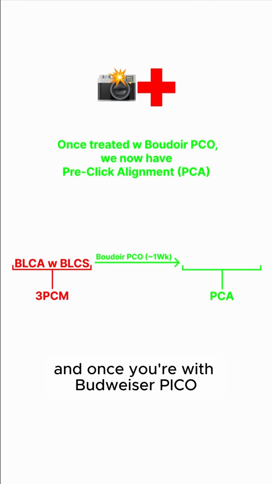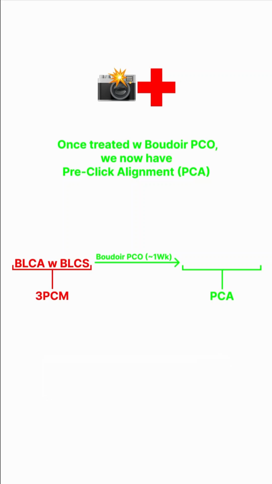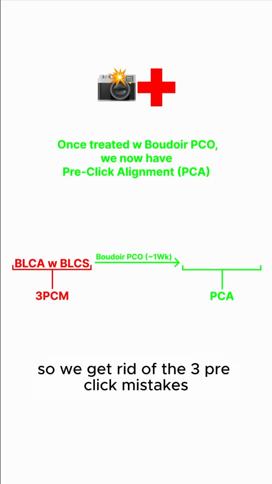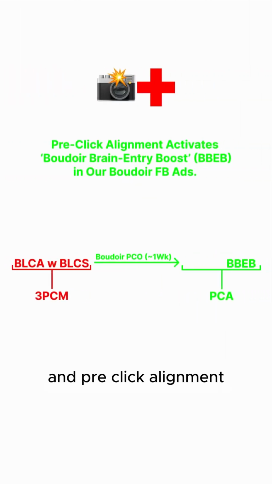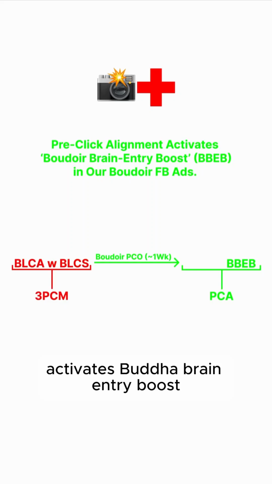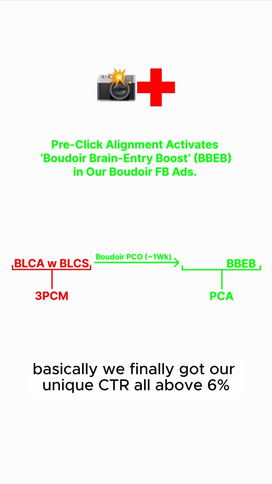Once treated with boudoir Pico, we now have pre-click alignment, PCA. So we get rid of the 3 pre-click mistakes, and we achieve PCA. And pre-click alignment activates boudoir brain entry boost in our boudoir Facebook ads. Basically, we finally got our unique CTR above 6%.